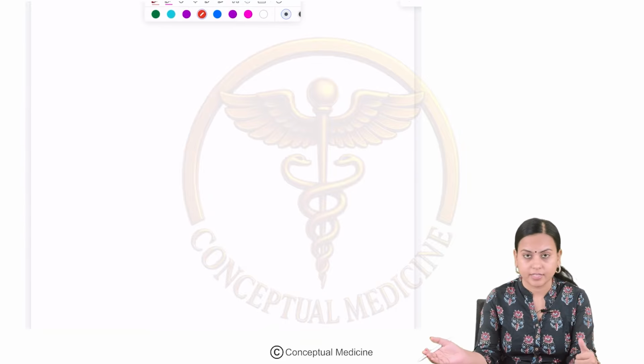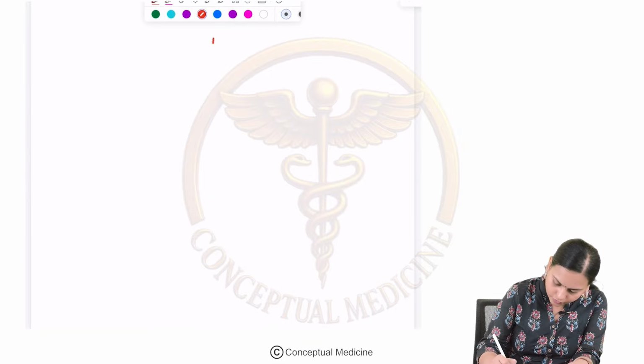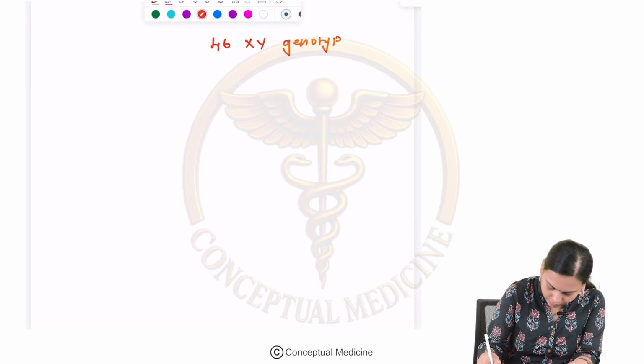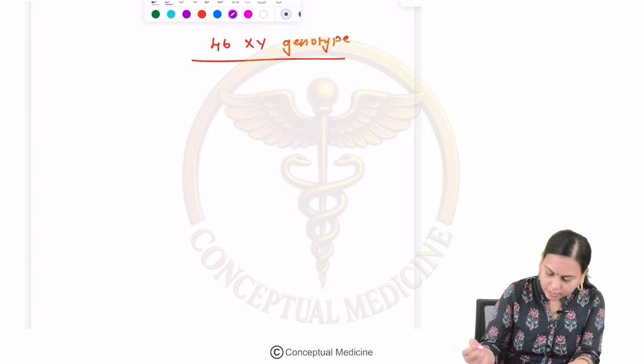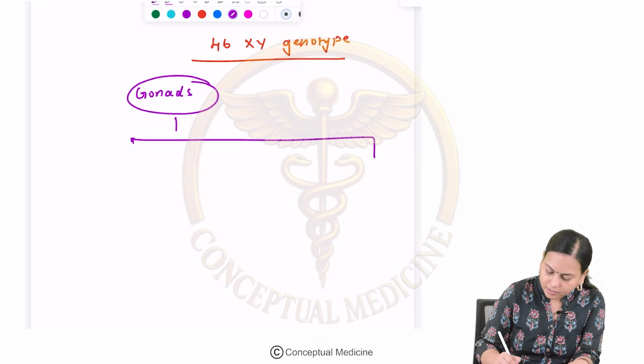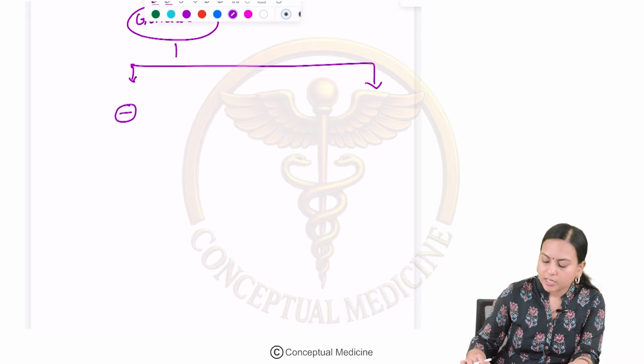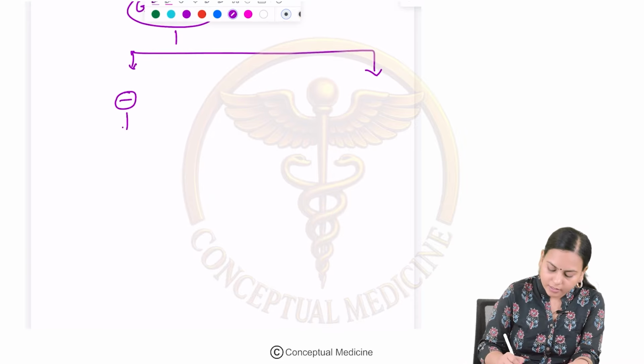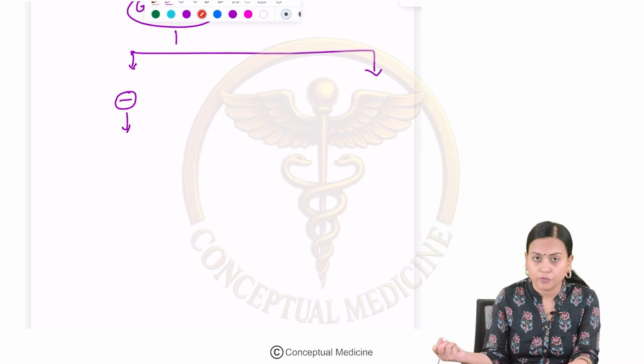disorders of sexual differentiation. Okay. So, if you have 46XY genotype, you have to check whether the gonads are present or absent. Say the gonads are absent. If the gonads are absent, then you have to check for the presence of uterus.